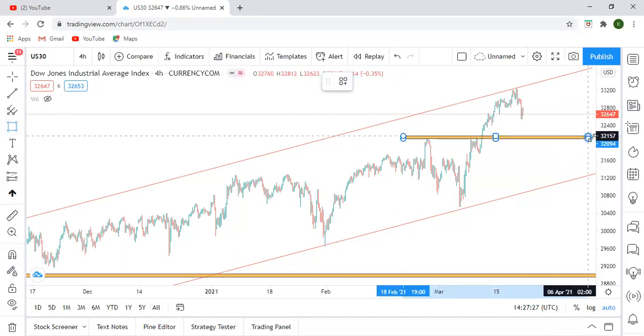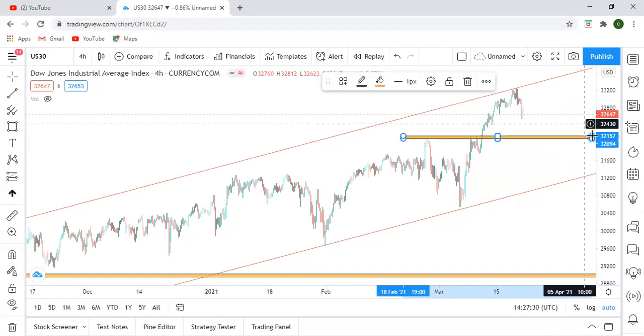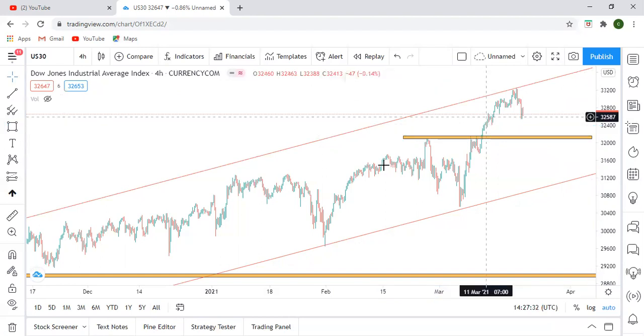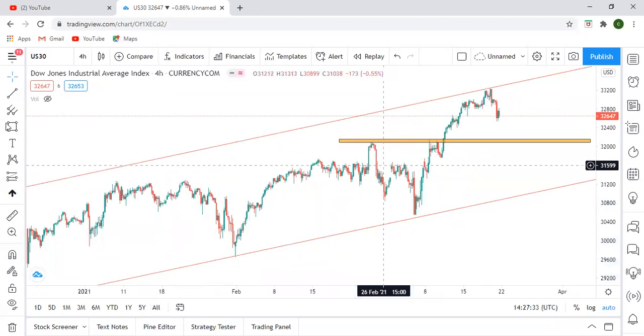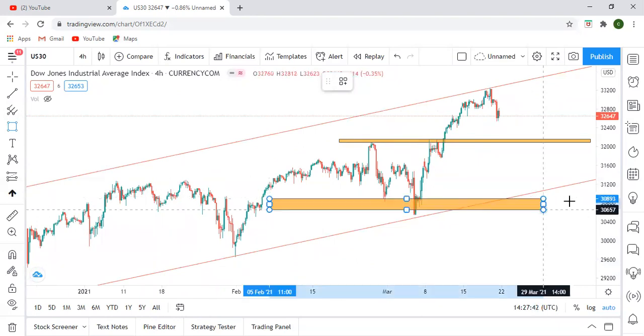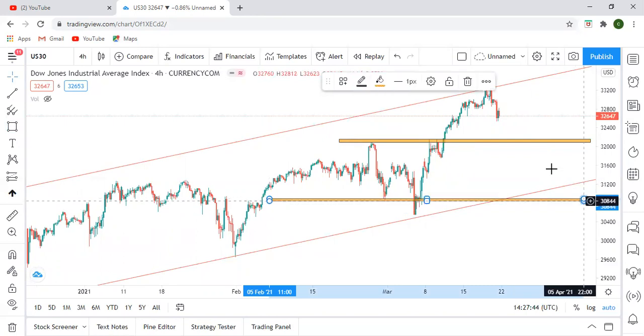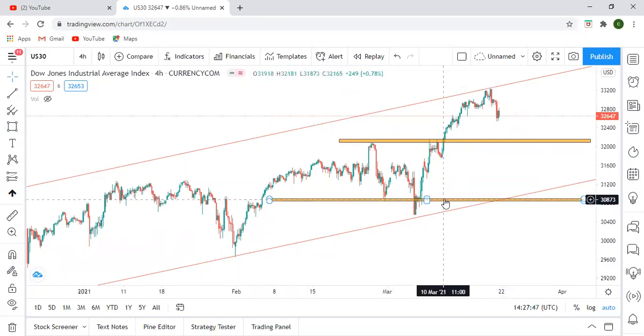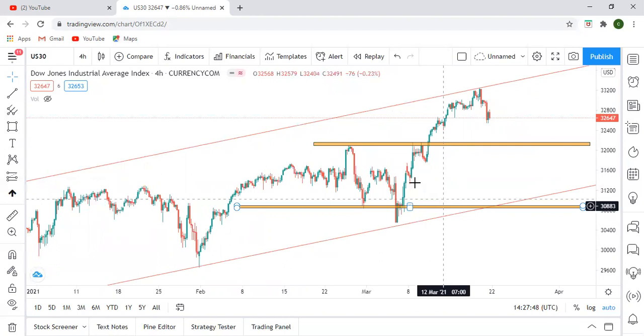My strong zone on H4, we're seeing something like this. Another zone somewhere here, there's another zone, and then yeah, this is perfect.